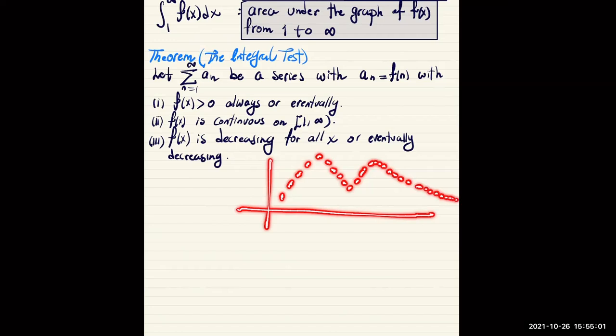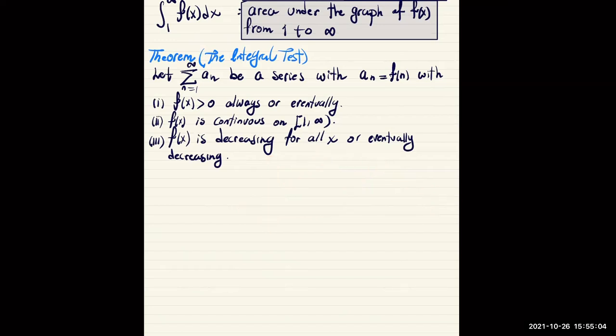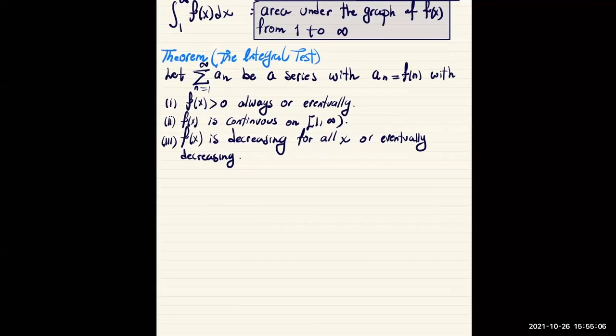But then after a certain point, it goes down forever. It's decreasing forever. And the easiest way to find it is just the first derivative test. Exactly. Very good. This is how you check for eventually decreasing or for just decreasing. Just do the first derivative. That's the easiest, and it always works. There are multiple ways that you can check a sequence is decreasing.